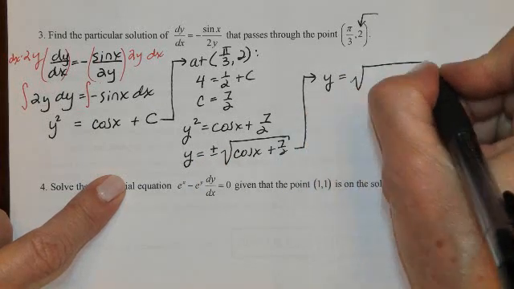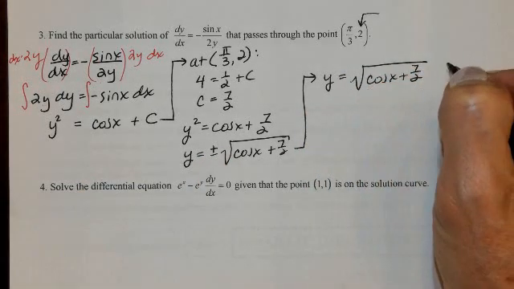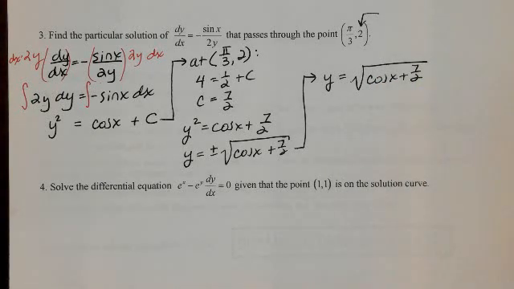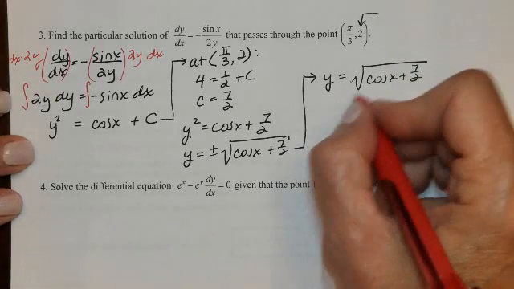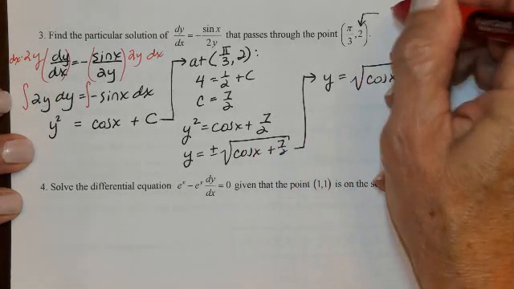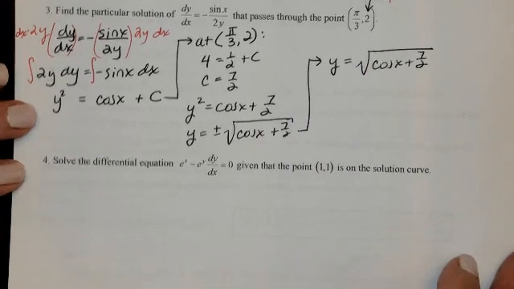So y will just be the positive square root of cosine x plus 7 halves. All right? So if you want to, spend a moment writing down why we only kept the positive and not the negative. We looked at the sign of that point. All right?